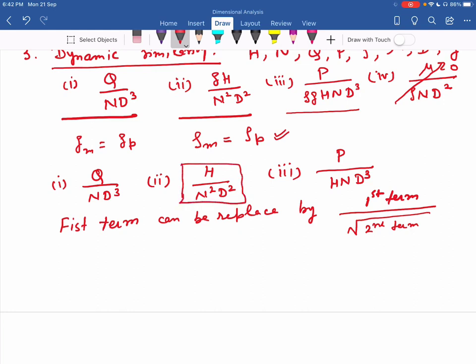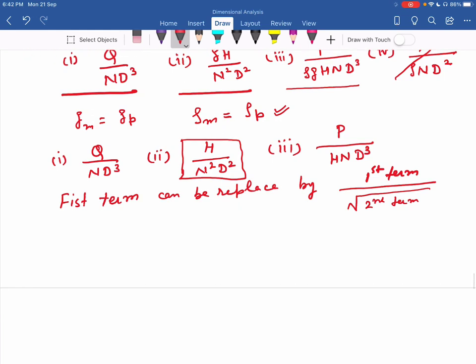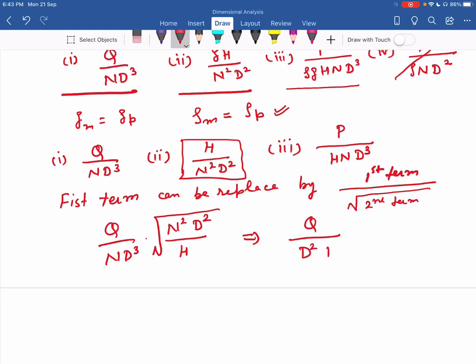We replace the first term by first term divided by under root of second term, so that we can write as Q upon ND cube into N square D square upon H under root. So this becomes Q upon D square under root of H. So this is now our first term.